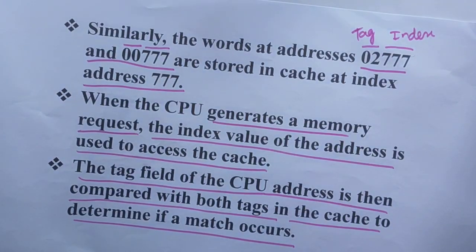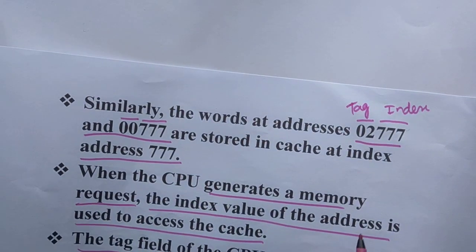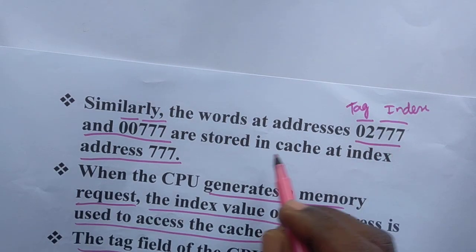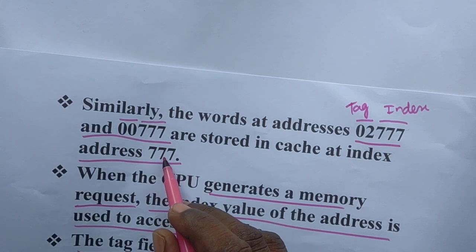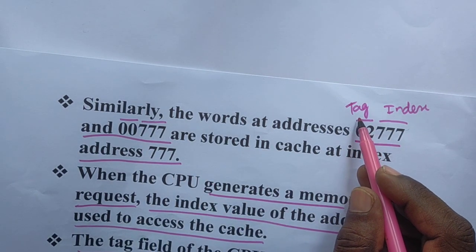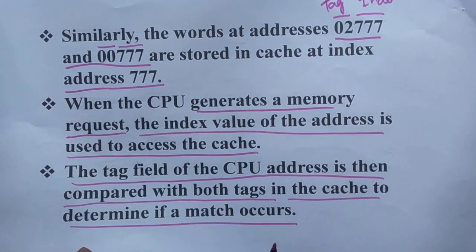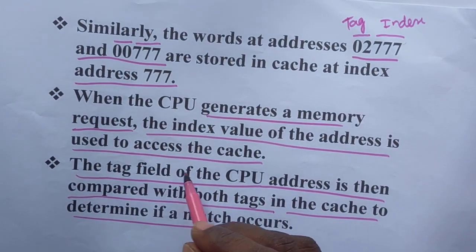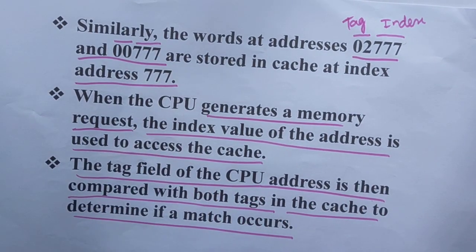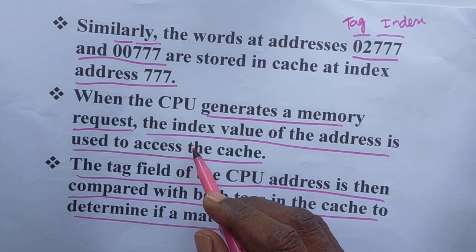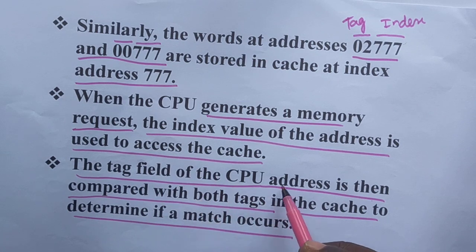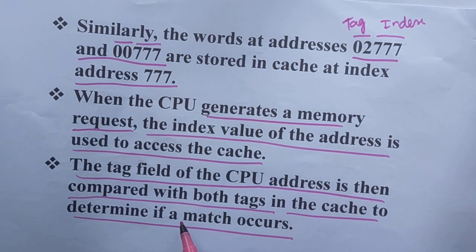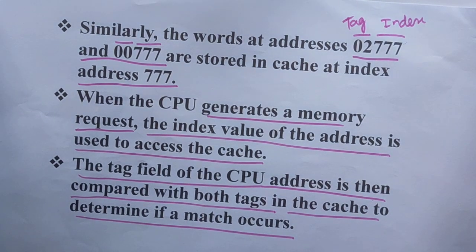Okay, very simple way it is mentioned: first the index will match, because the index part is in the cache. If the cache index is the same, then the corresponding data, that is the tag data, will match. For that reason, the tag field of the CPU address is then compared with both tags in the cache to determine if it matches or not.